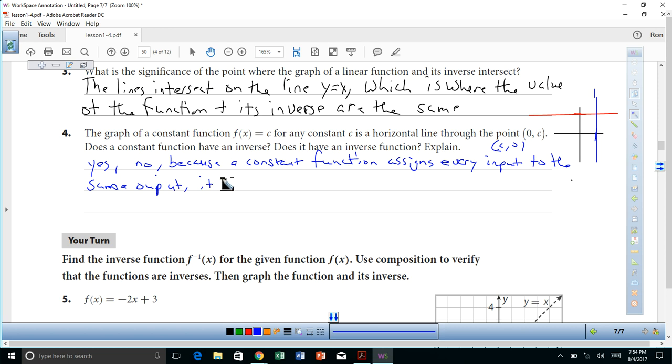It is a many-to-one function, and its inverse is not a function.